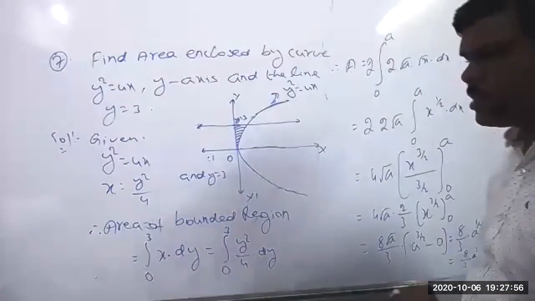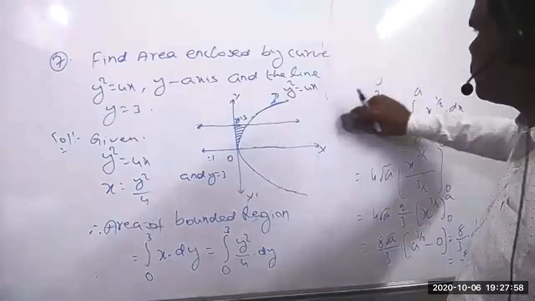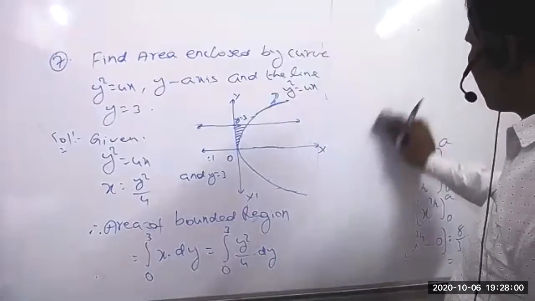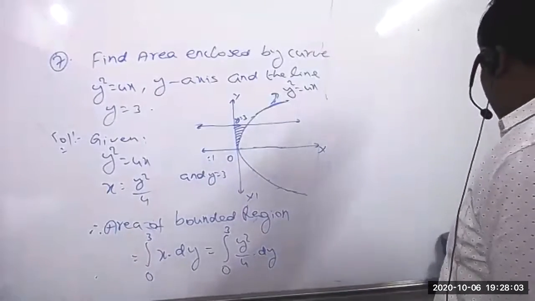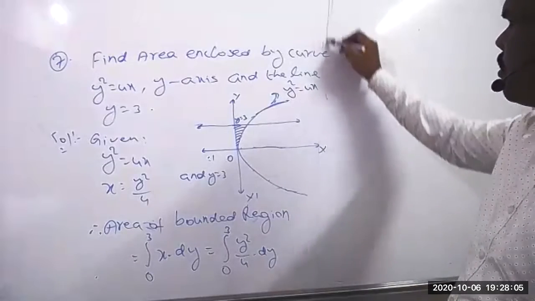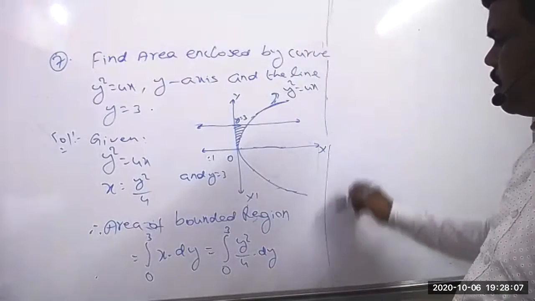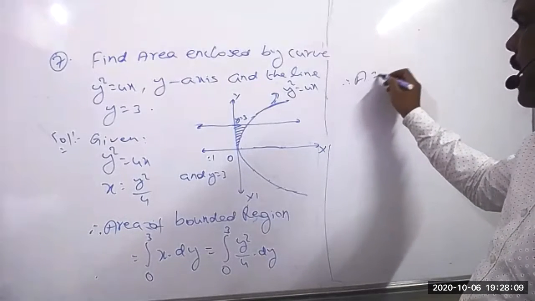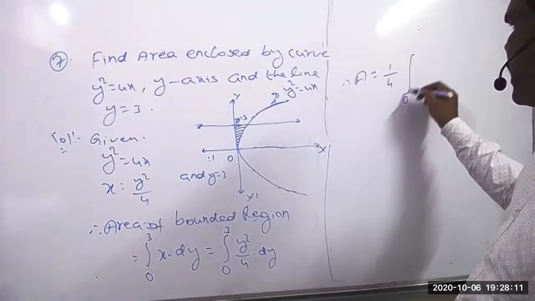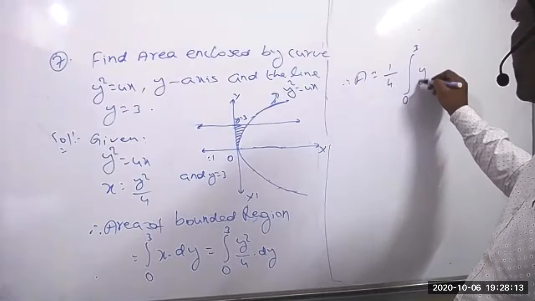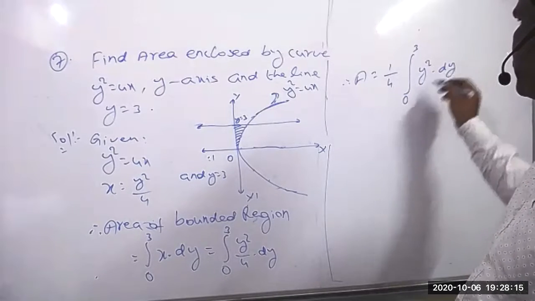Now 1 by 4 is a constant value, take it outside. So the area is equal to 1 by 4 times the integration from 0 to 3 of y square dy.